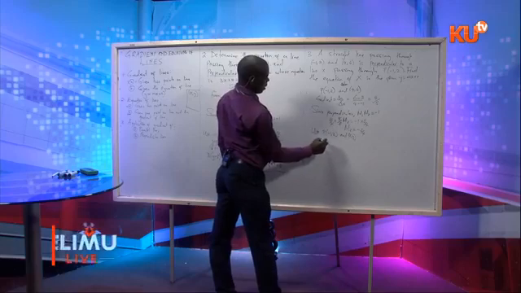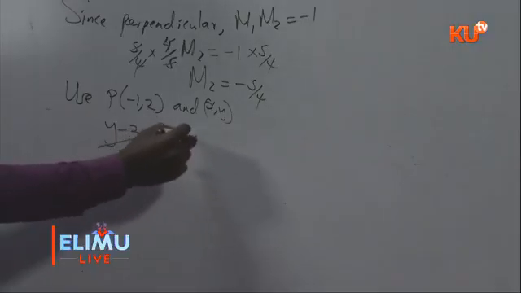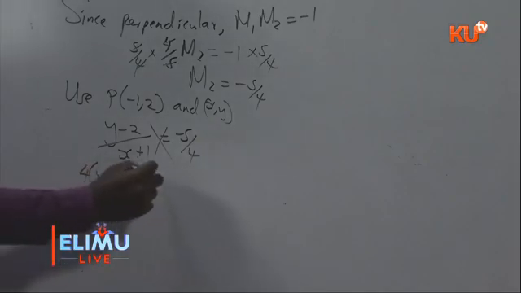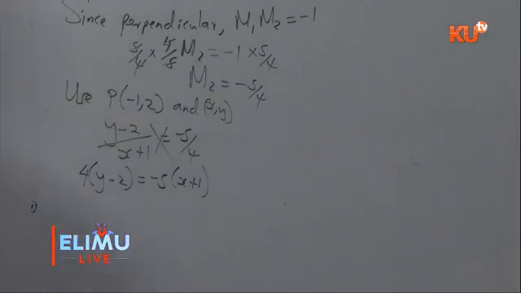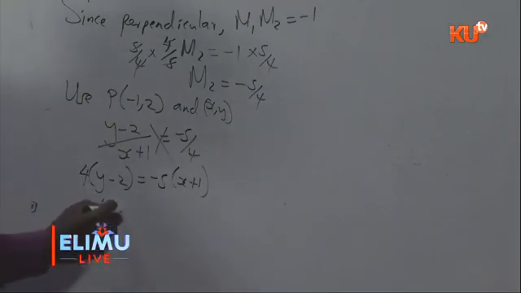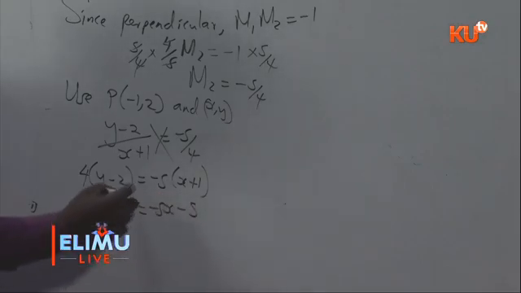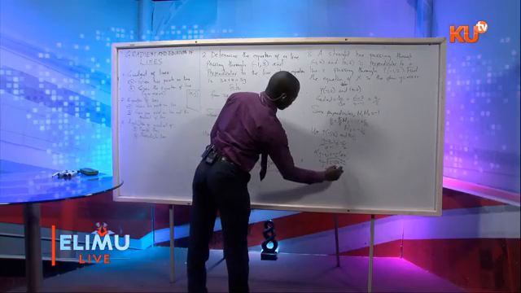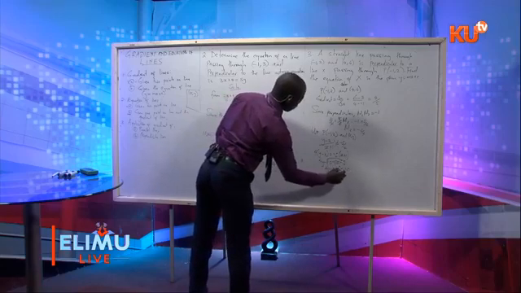So we'll have (y - 2)/(x + 1) equal to -5/4. Then we do cross multiplication to have 4(y - 2) = -5(x + 1). Simplify this to have 4y - 8 = -5x - 5. Then take -8 to this side, so 4y = -5x + 3, then divide by 4.